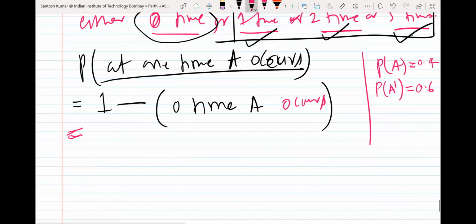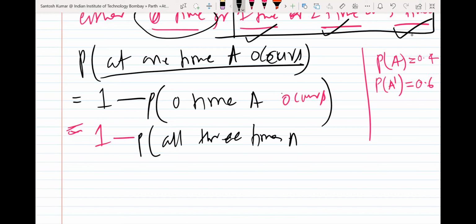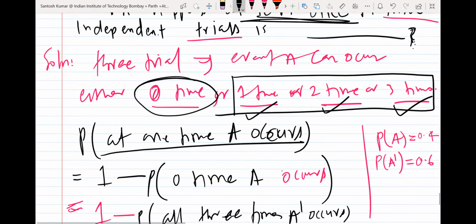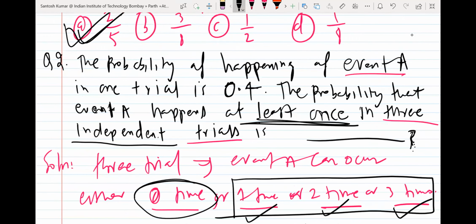Now 1 minus, 0 time A occurs means the probability that all 3 times A complement occurs, and they have given you that the trials are independent.